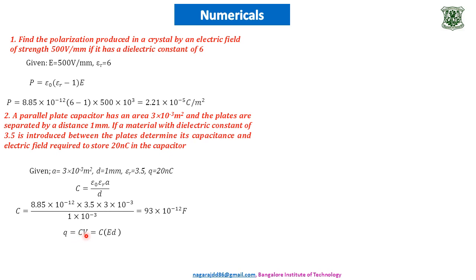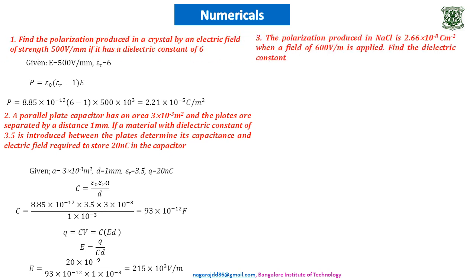V is potential difference between the two plates, which can be written in terms of electric field like this. Then I rearrange to obtain E. Then E comes out to be Q divided by CD. Now finally substitute for Q, C and D. So the applied electric field is 215 into 10 power 3 volt per meter.